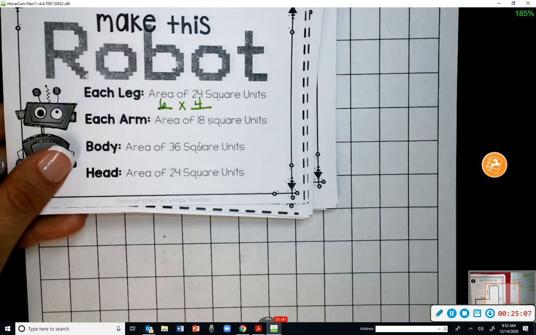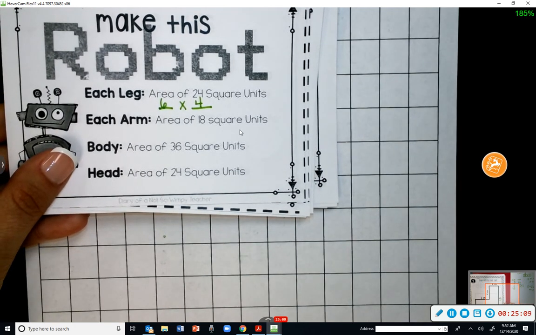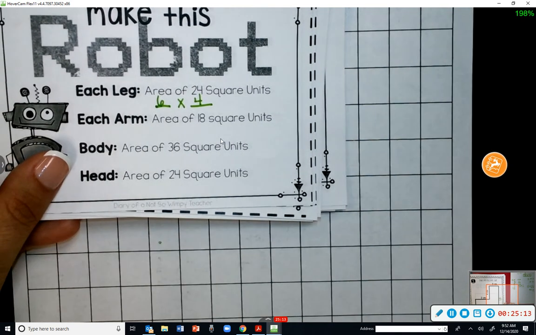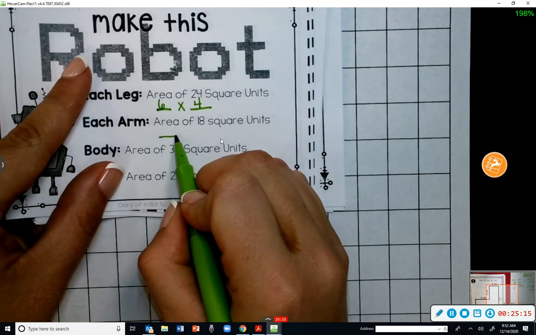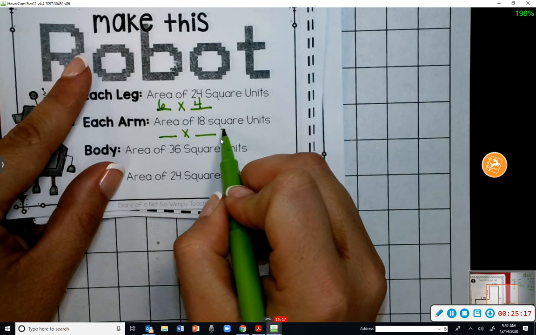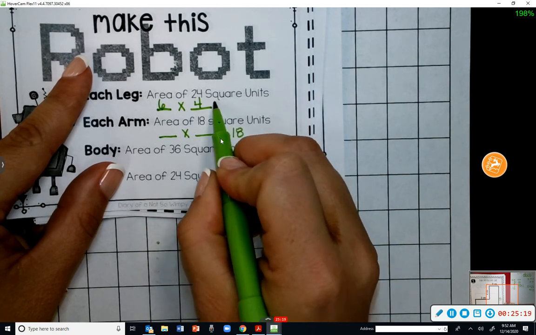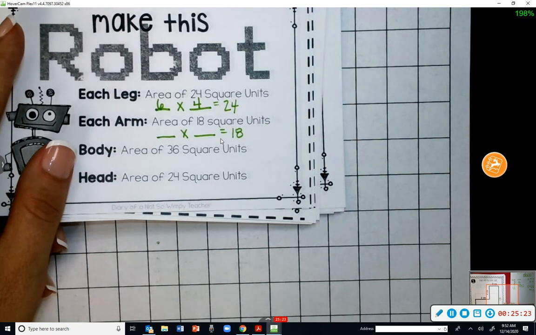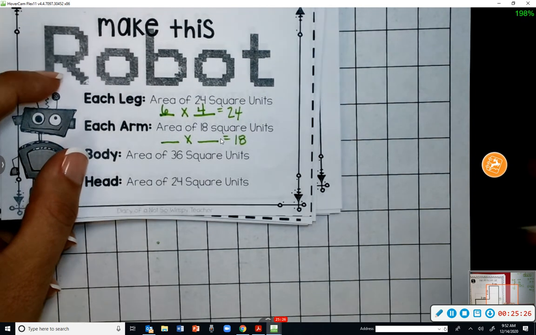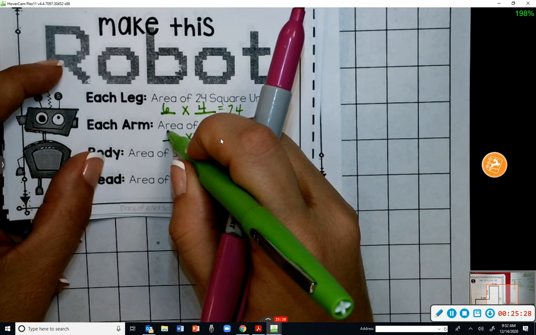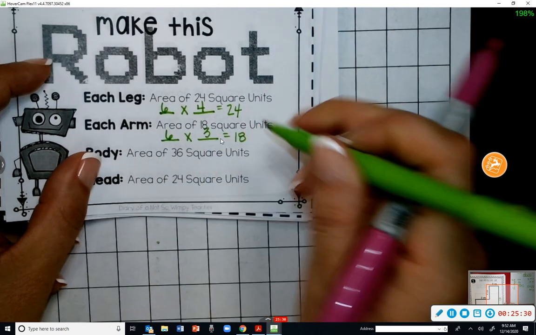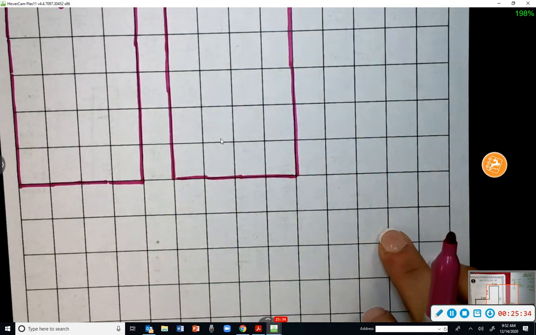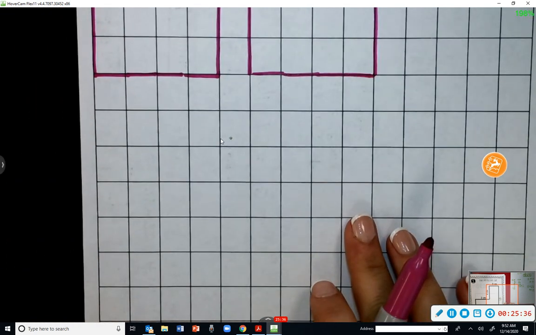An arm has to have an area of 18 square units. Okay? So does anybody know what two numbers I can multiply to get 18? Aaliyah? Good. 6 times 3. So now I'm going to draw my arms to have an area with 6 rows and 3 columns. So same thing.